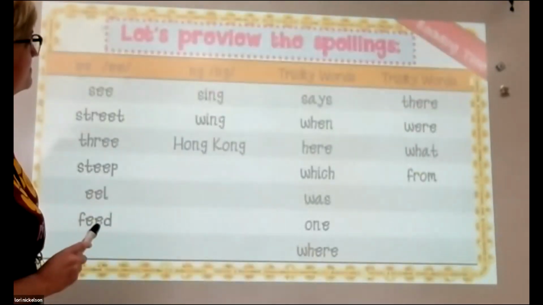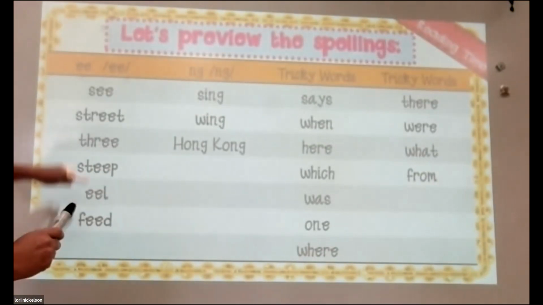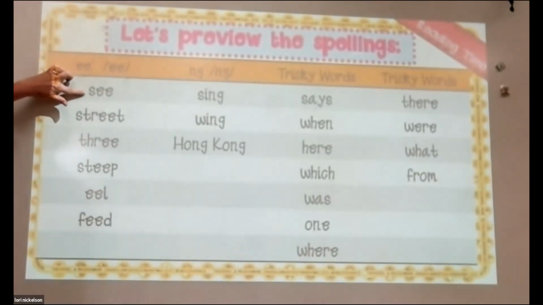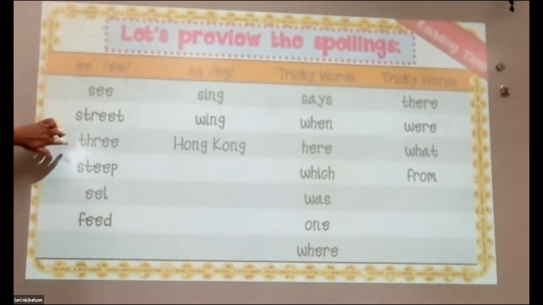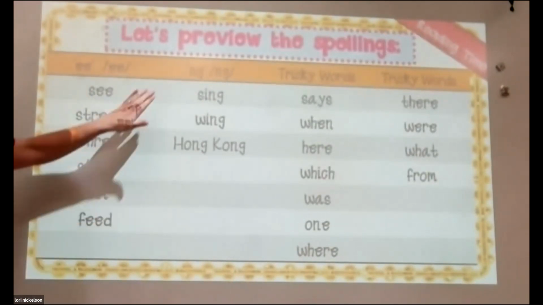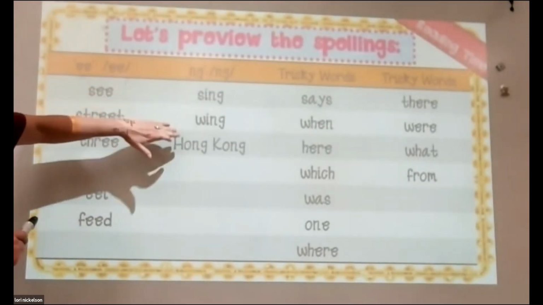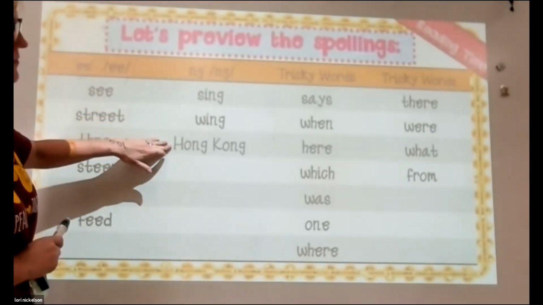Yeah. So let's preview some spellings here. We have the E sound like in see, street, tree, steep, eel, and feed. We also have the ing sound like in sing, wing, Hong Kong.